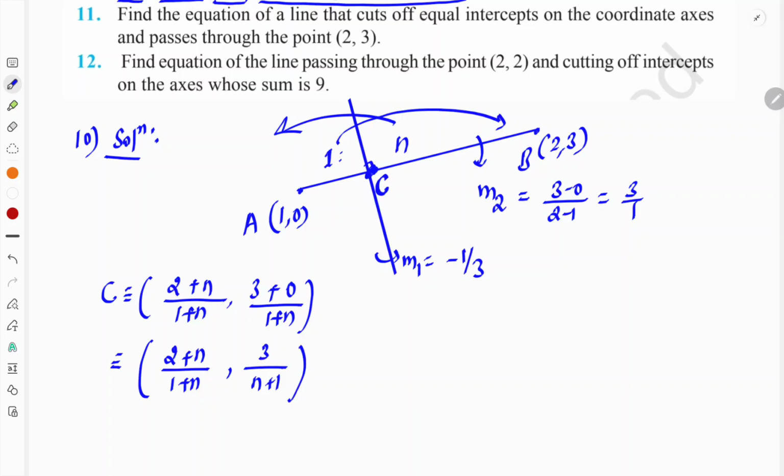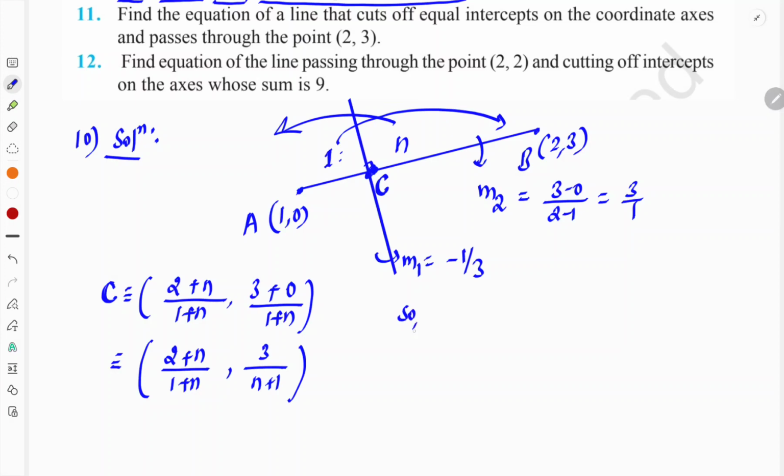Dear student, this point C lies on the join of A and B, or we can say it lies on the line AB, correct? And the second thing, we need to find the equation of the line which is perpendicular to AB.